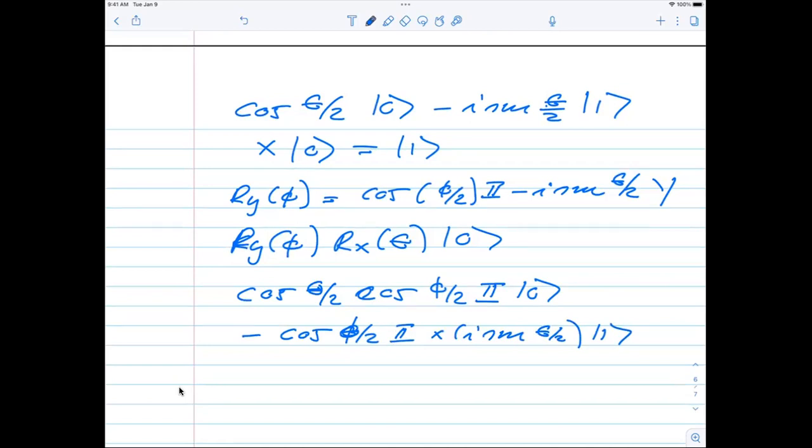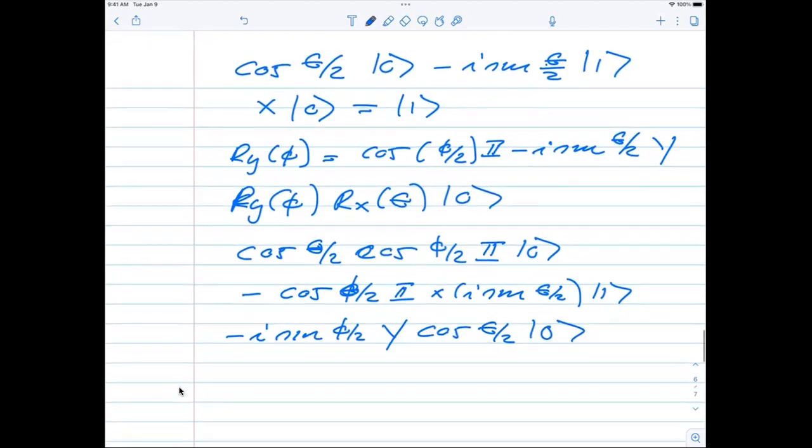Finally, the next term is going to be given by a minus i sine phi half multiplied with the Pauli Y matrix, and this is multiplied with a cosine of theta half of 0.